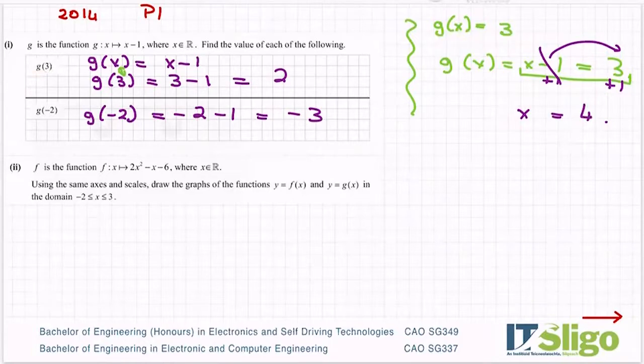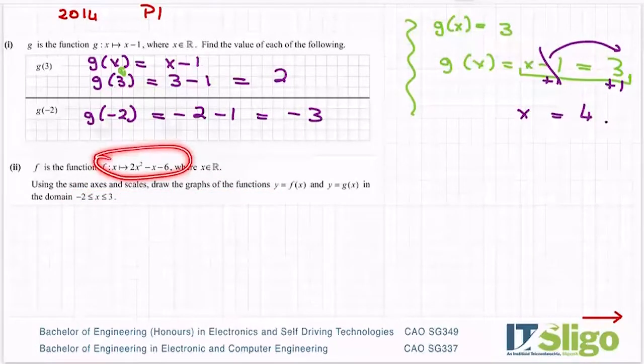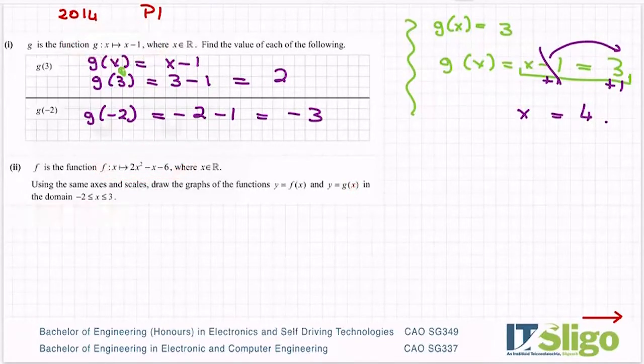Okay, f is the function 2x squared minus x minus 6. Using the same axes and scales, draw the graphs of the function y is equal to f of x and y is equal to g of x in the domain minus 2 is less than or equal to x is less than or equal to 3. Okay, so let's do this.